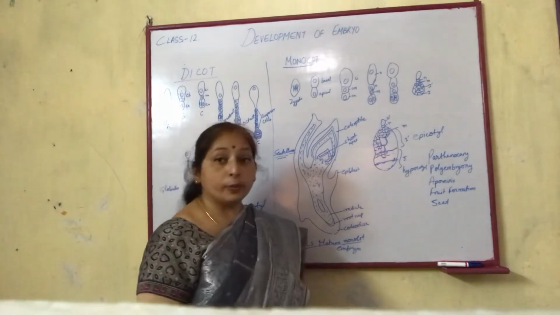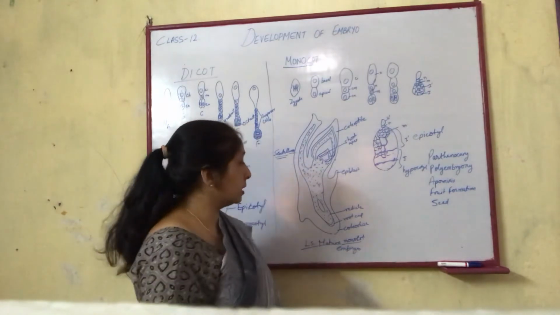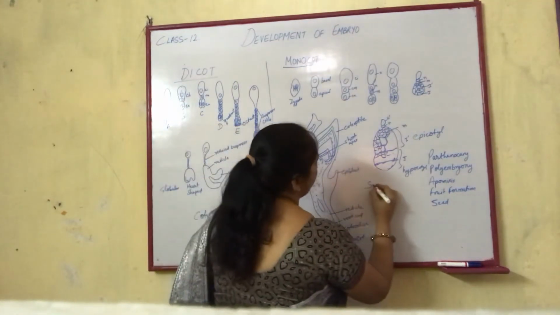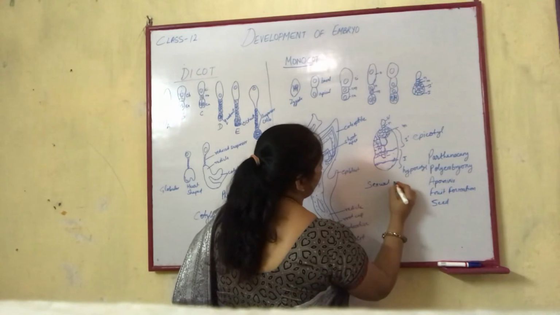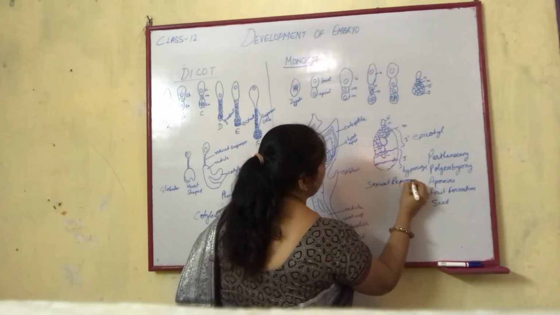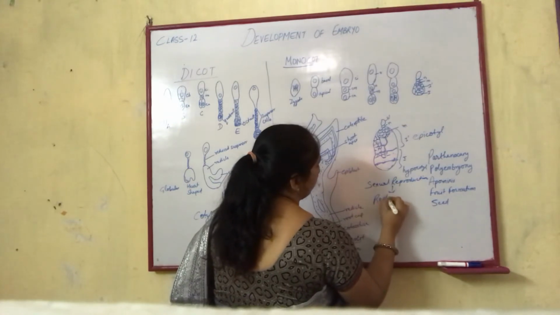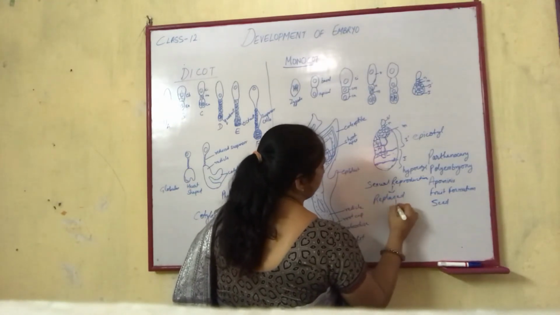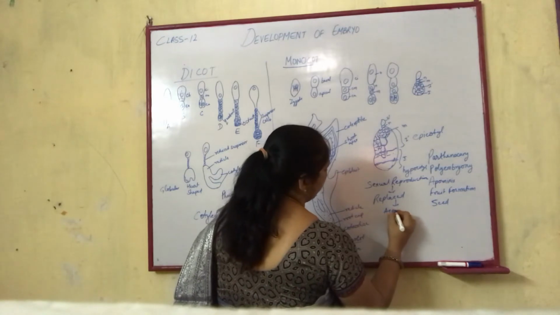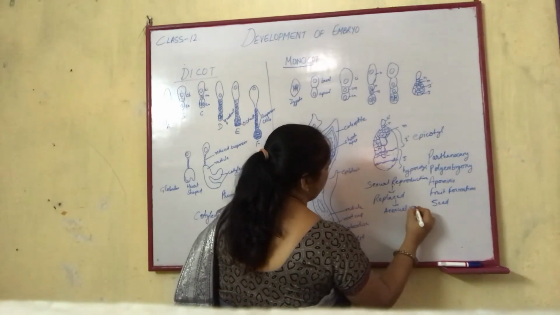Next is apomixis. Apomixis is the condition where sexual reproduction is replaced by asexual reproduction.